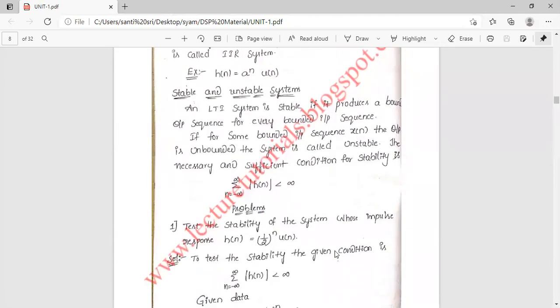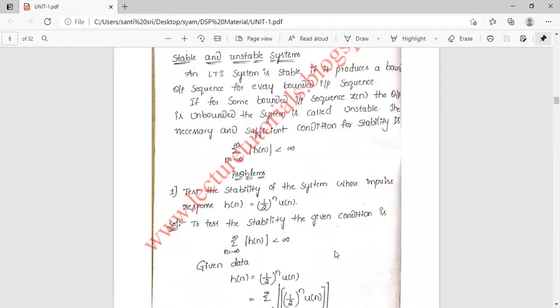And stable and unstable systems. The system is said to be stable if it produces a bounded output sequence for a bounded input signal. For a bounded input signal x of n, if the output is unbounded, the system is called unstable. It means that you have to satisfy the condition: sigma n equal to minus infinity to infinity of mod h of n must be less than infinity.